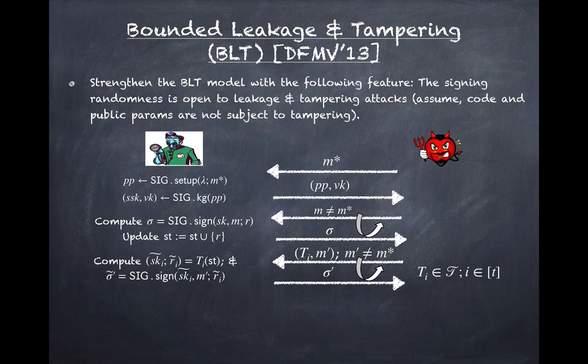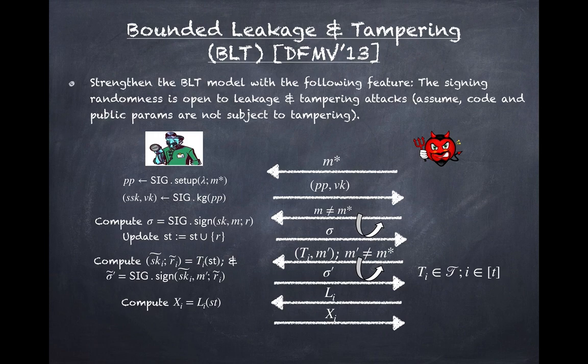The functions Ti come from some class of tampering functions, and the number of Ti that the adversary can ask throughout its lifetime is bounded by some parameter T. So in particular, the adversary can ask T tampering queries, but for each tampering query, it can ask arbitrarily many signatures.